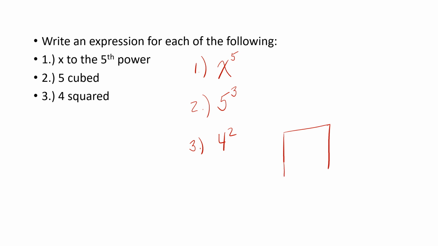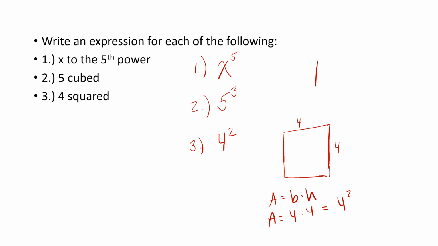If you were to picture a square, it has the same length sides. And so if you had 4 and 4 and you were trying to find the area of the square, the formula for area is base times height. And so this would be 4 times 4 or 4 squared, because that would be the area of the square.